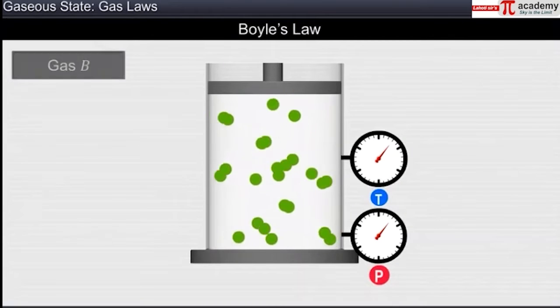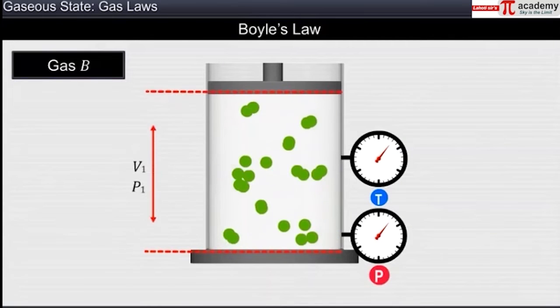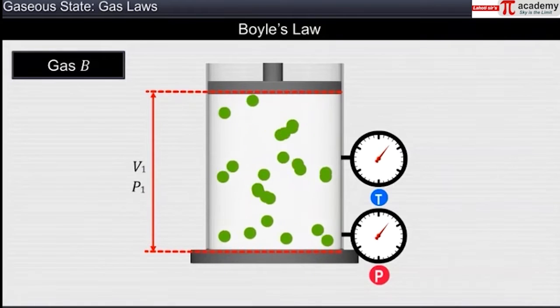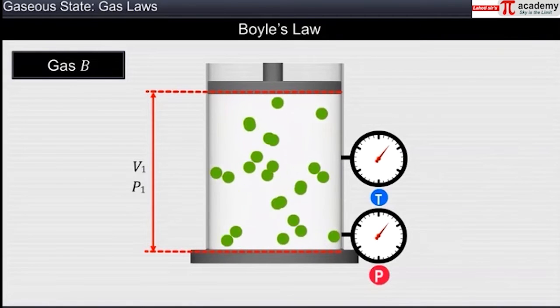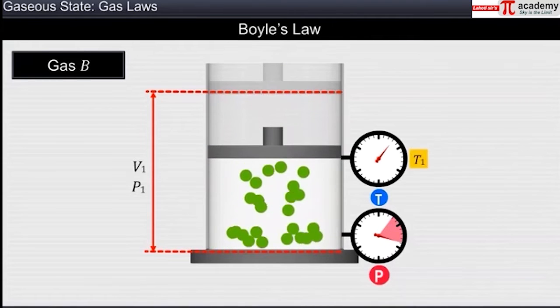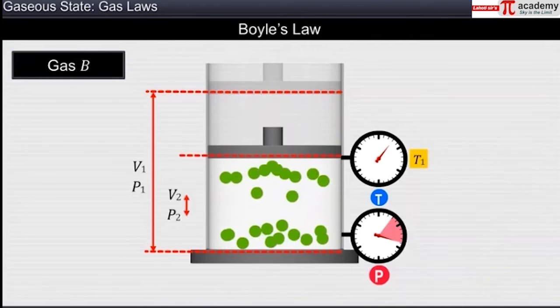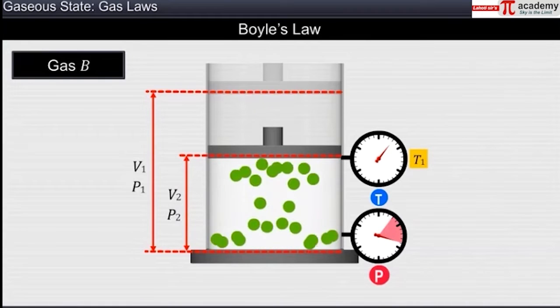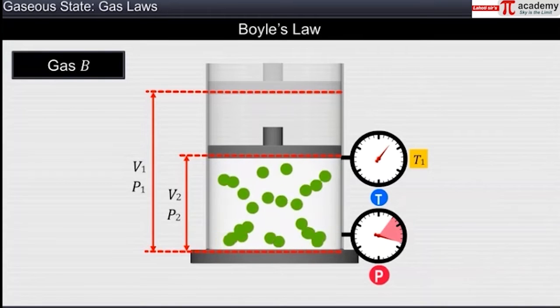Now consider N moles of gas B at pressure P1 and volume V1. Let us now slowly increase the pressure, keeping the temperature constant at T1. We observe that the volume of the gas decreases as the pressure increases.